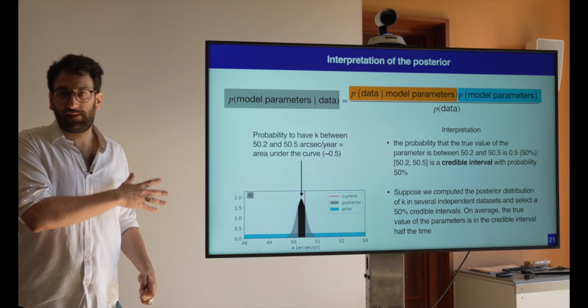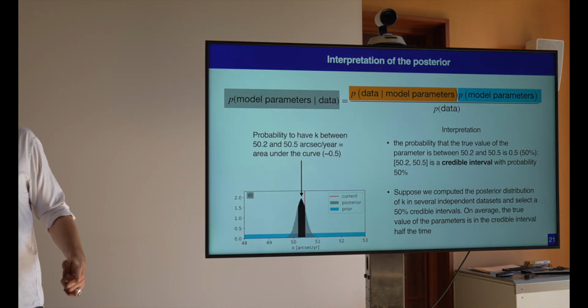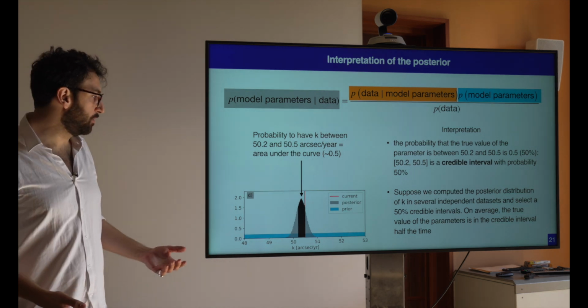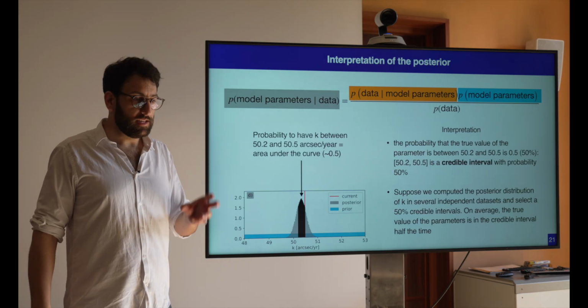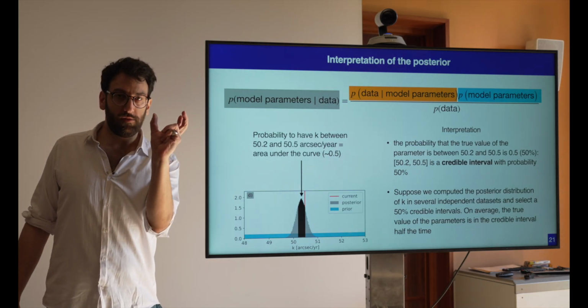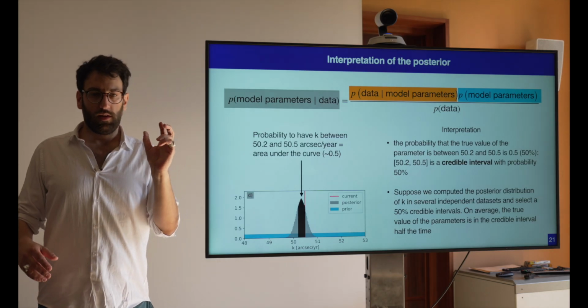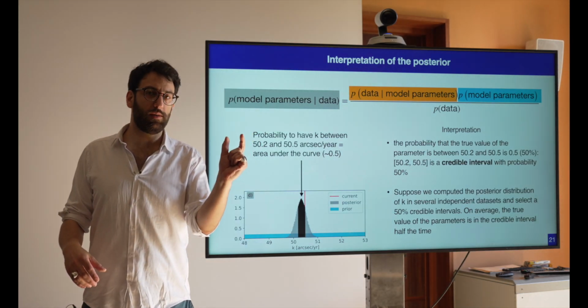Suppose you have 100 geological data sets. You estimate the precession frequency, and each time you have a posterior distribution, and each time you find a 50% credible interval. So for each data set, you have a 50% credible interval.